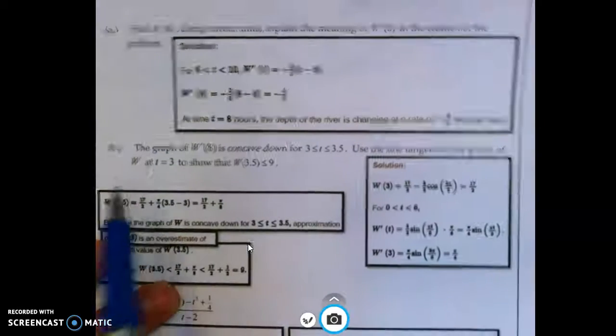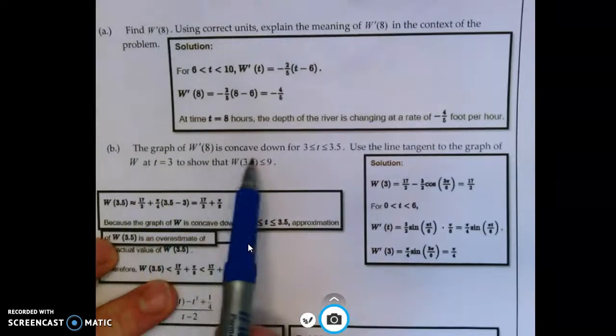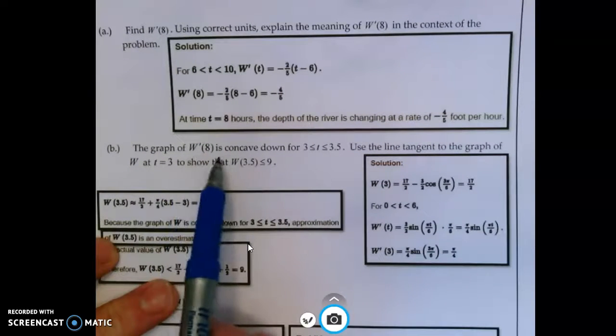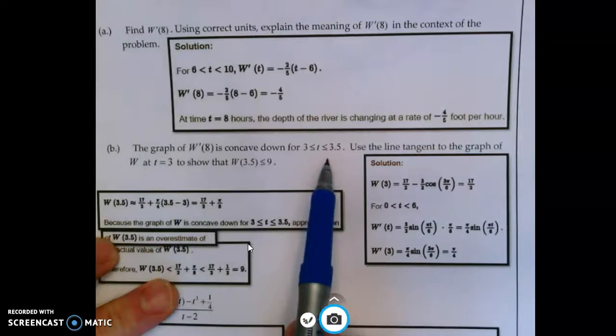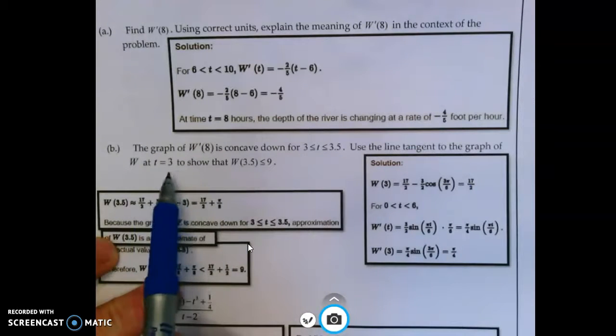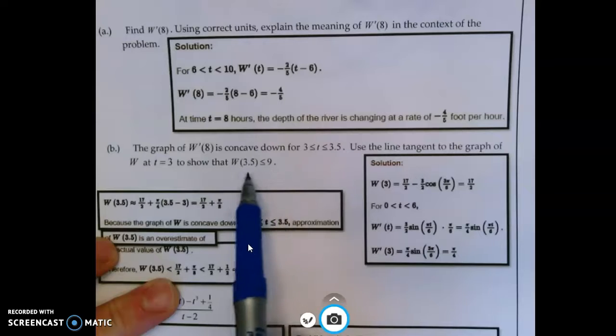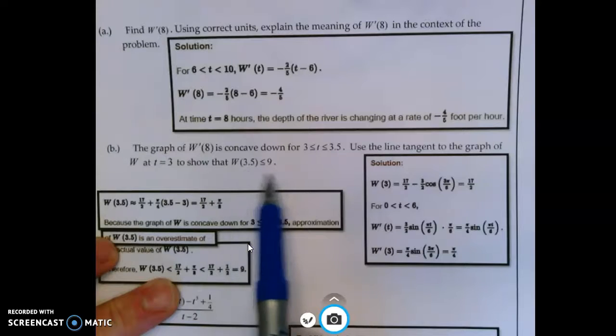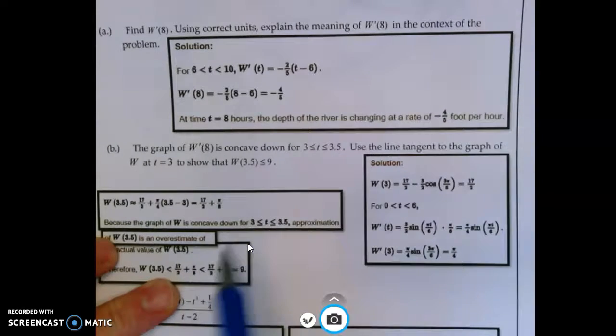Okay. Part B. The graph of w prime of 8 is concave down from 3 to 3.5. Use the line tangent to the graph of w at t equals 3 to show that w of 3.5 must be less than or equal to 9.